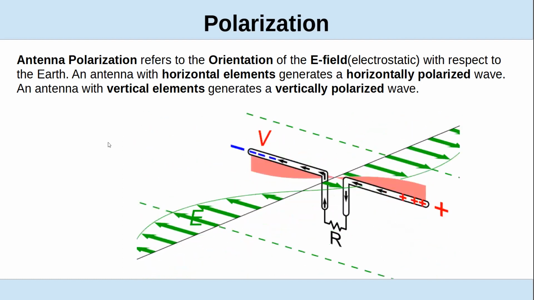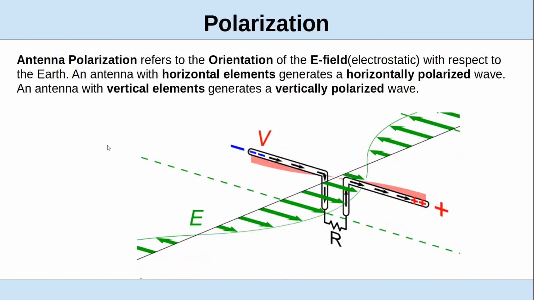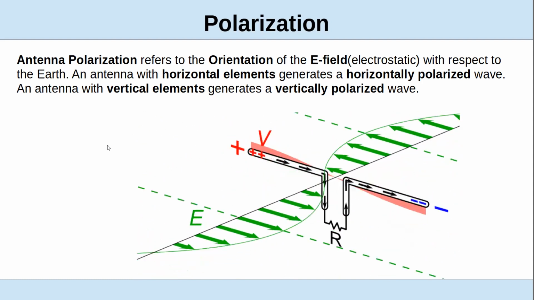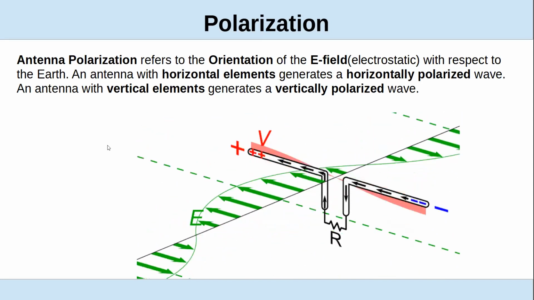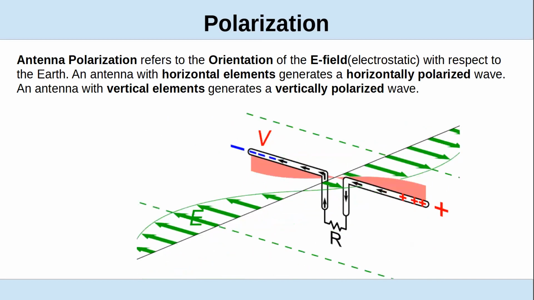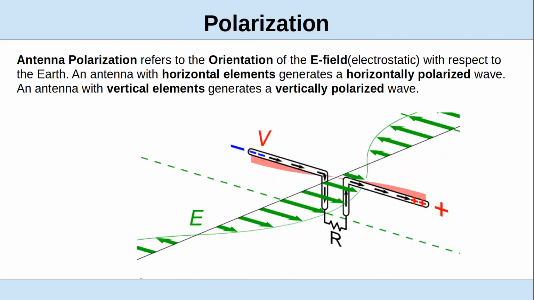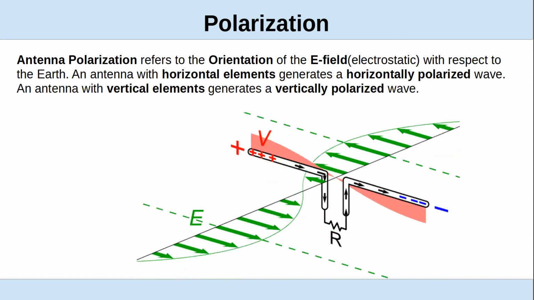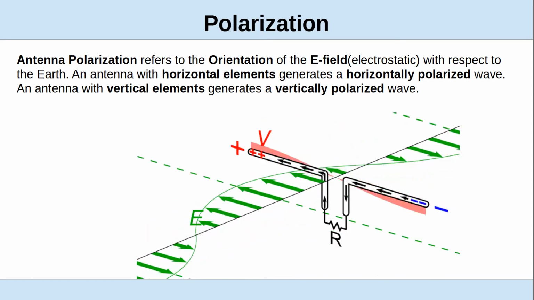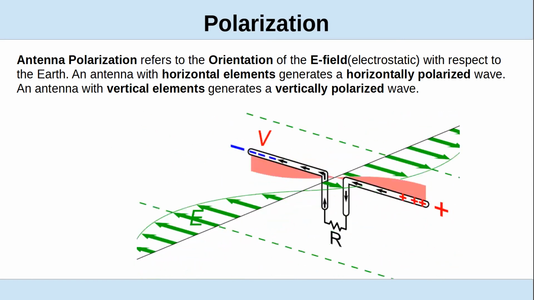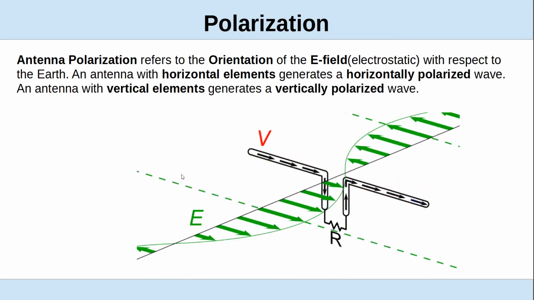This is kind of off topic, but this 5G stuff that's going on, is that horizontal or vertical? Most I would imagine to be vertical, but I think they're patch antennas, so I'm not sure. I don't know much about them. They're magic. When you get into the gigahertz stuff, that's a whole different world.